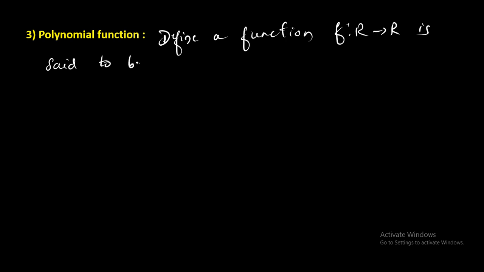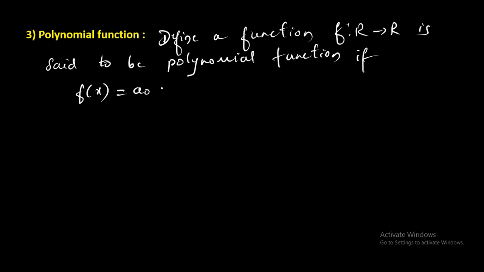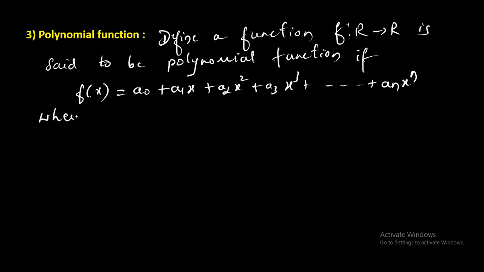Definition: a function f from R to R, real number to real number, is said to be a polynomial function if, very important, f of x is in the form of a0 plus a1x plus a2x square plus a3x cube and so on till an x to the power n, where a0, a1, a2, an belong to the real numbers.